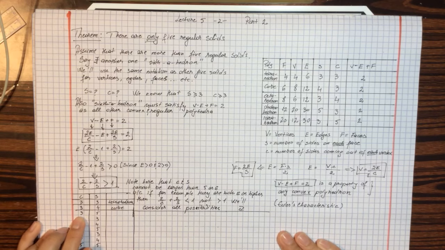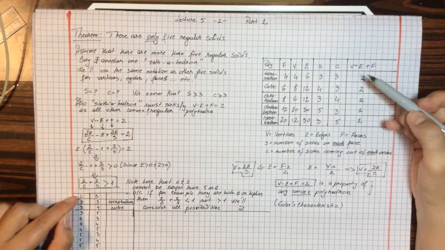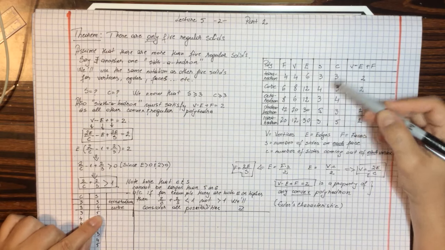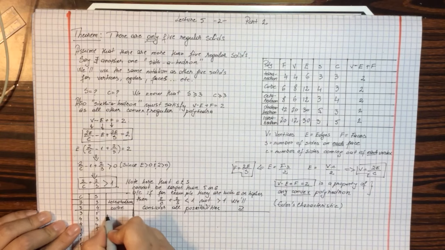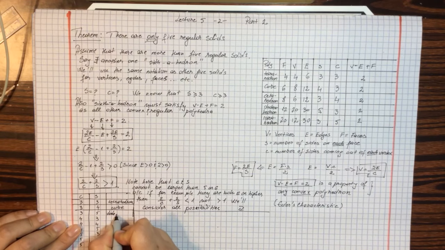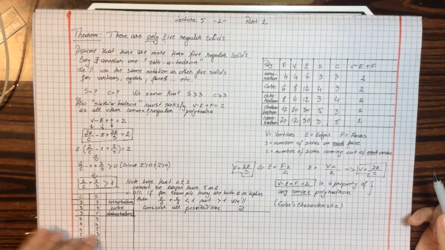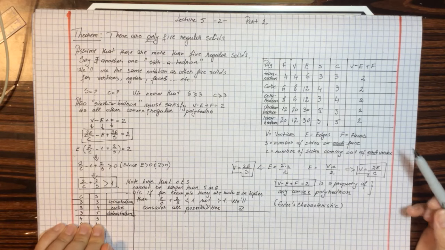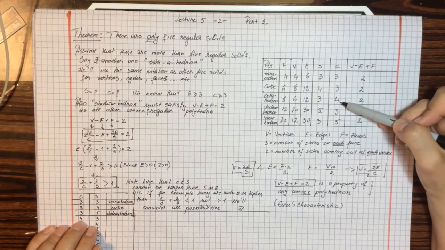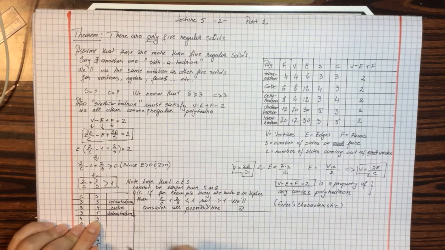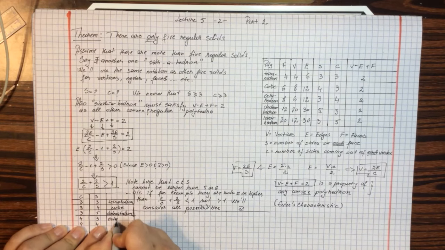What about 3 and 5? So C is 3 and S is 5. This combination gives me the well-known dodecahedron. Combination 4 and 3: C is 4 and S is 3. That's the well-known octahedron.